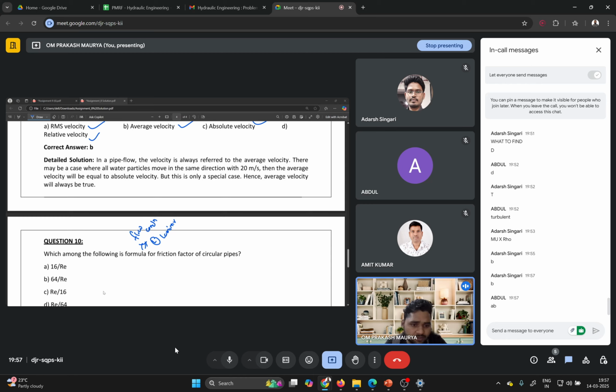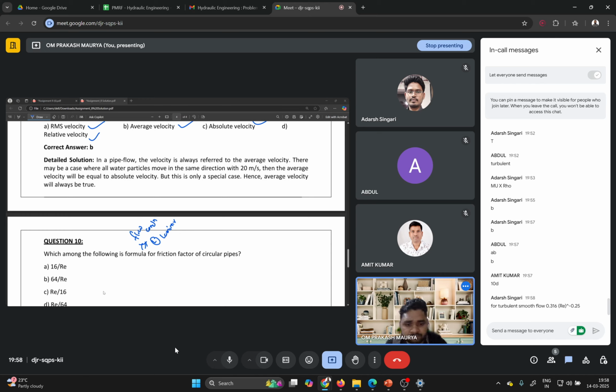Okay, others are telling B. Abdul is telling A, B. Both of you are telling? Okay, only B. Yeah, definitely it will be B because we have discussed a lot. Others are telling that for turbulent smooth flow, the formula of friction factor will be 0.316.